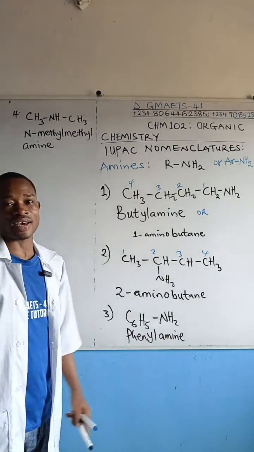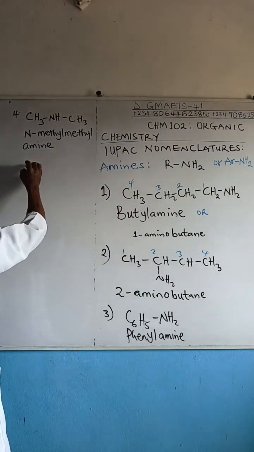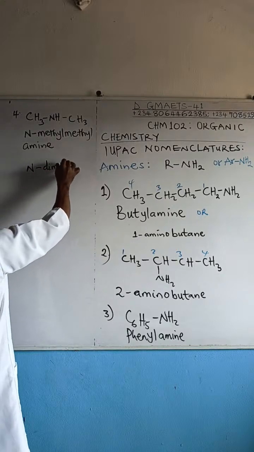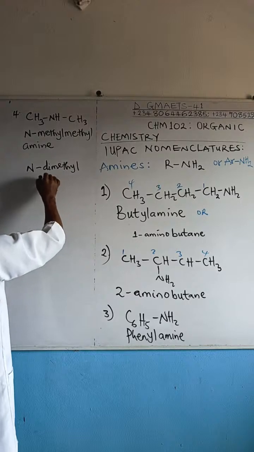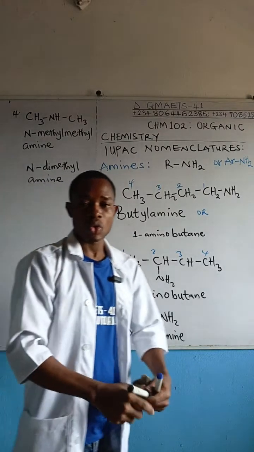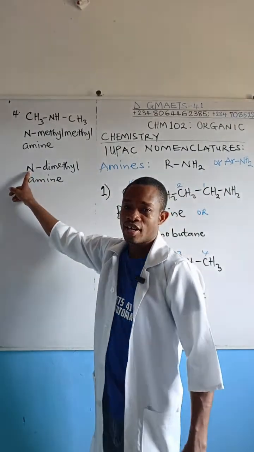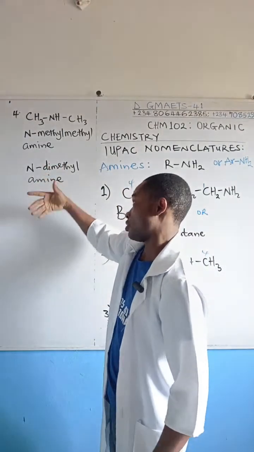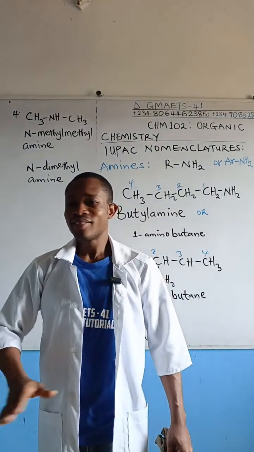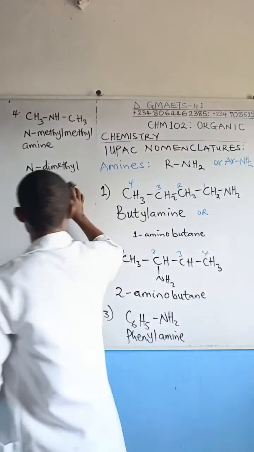This thing you're seeing here is written as N-methylmethylamine. But even so, because the groups are the same, we don't even need to put this N. If I just simply write dimethylamine, it covers. Dimethylamine, and that, of course, is what you're expected to do.